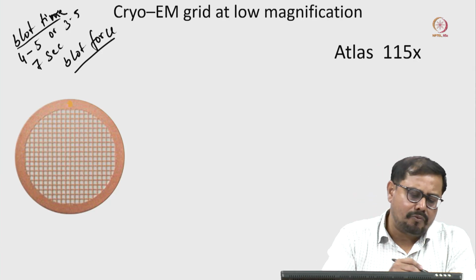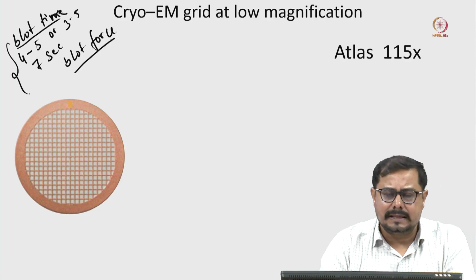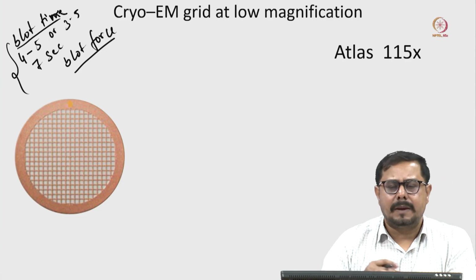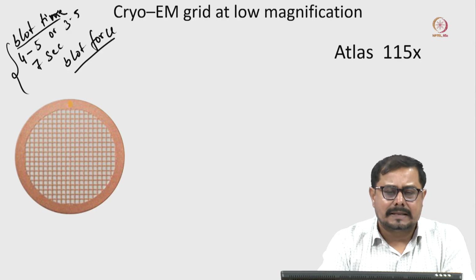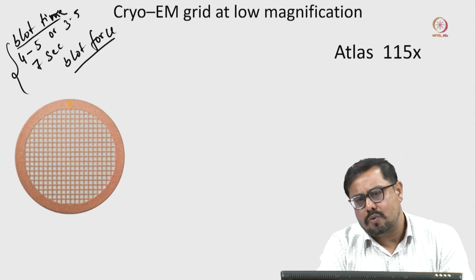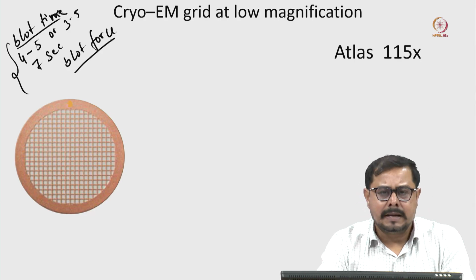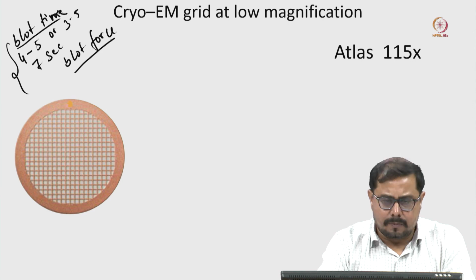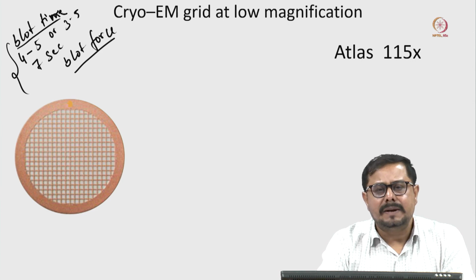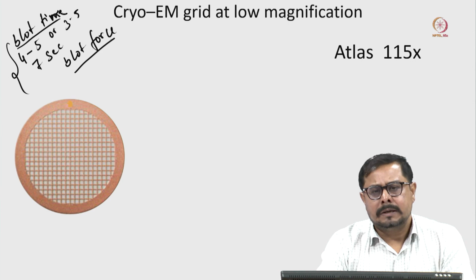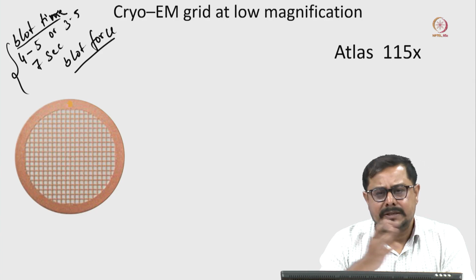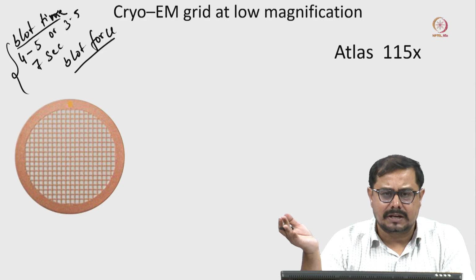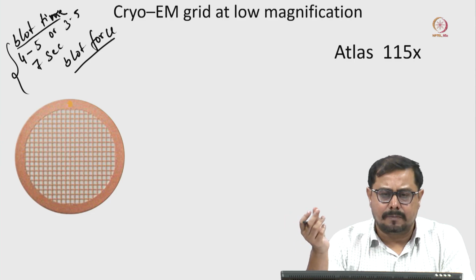So there is no fixed value that we can tell, that in one particular paper they used a 3-second blot or 5-second blot, and that same parameter is going to work for other equipment. That is not possible. Maybe it is the same sample, and someone used 3 seconds. When you change facilities and go to another facility, you are using different types of grid.